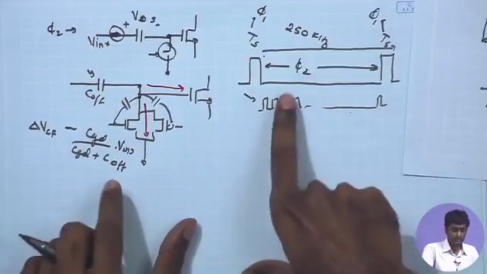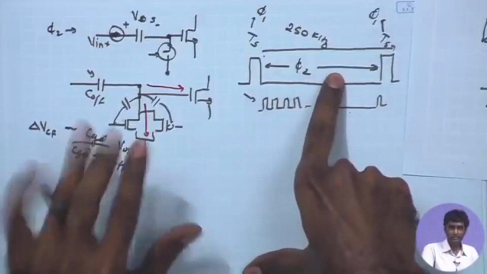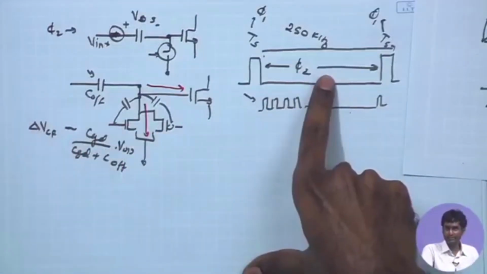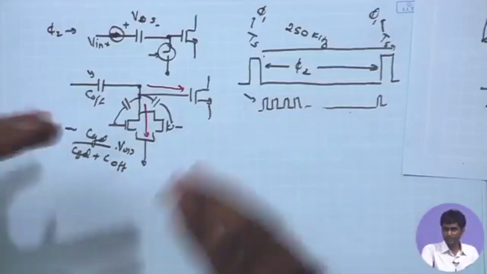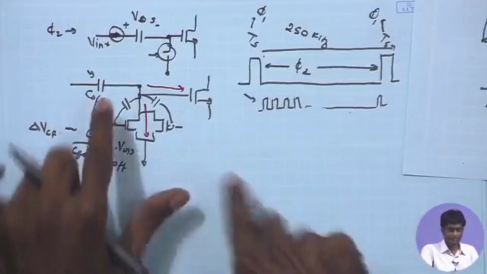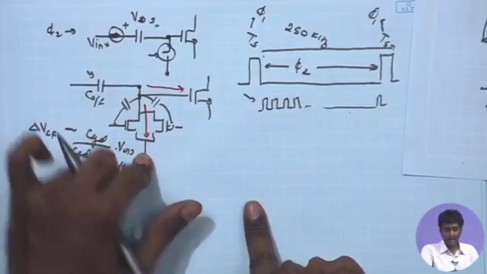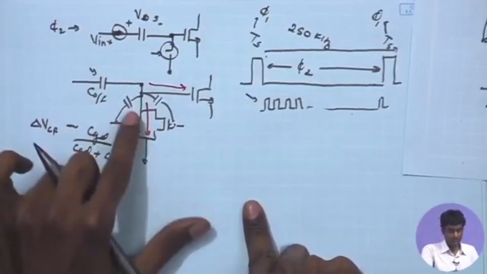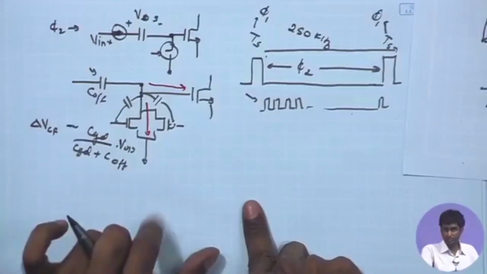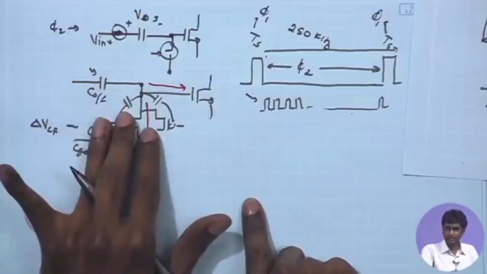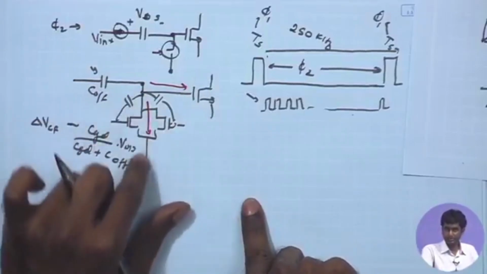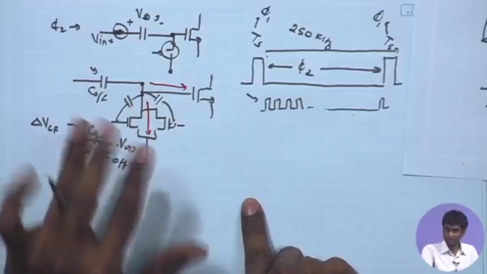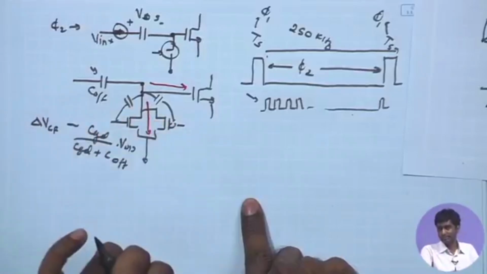In that case, the RC time constant once again is going to be similar to what we had for the sampling capacitor. Whatever considerations we made for the sampling capacitor, considering the off resistance of the switch and the overall leakage current through those switches, it is going to apply as it is here, because the leakage current is going to be similar in magnitude if I am using minimum size devices over here.